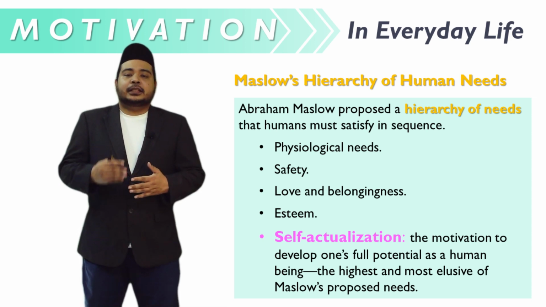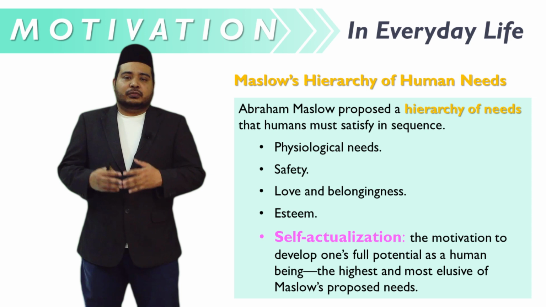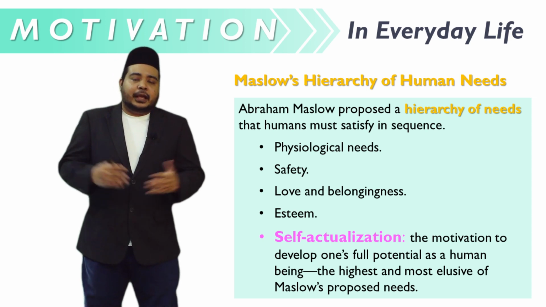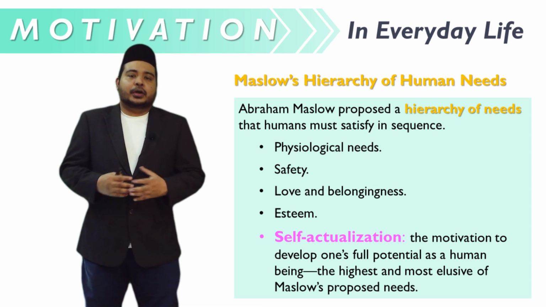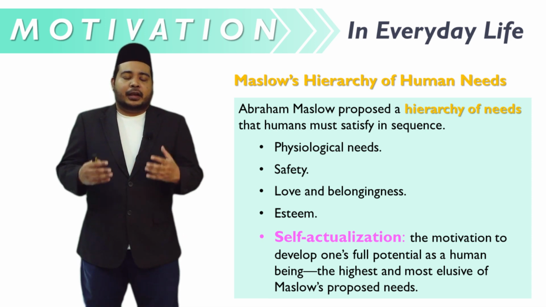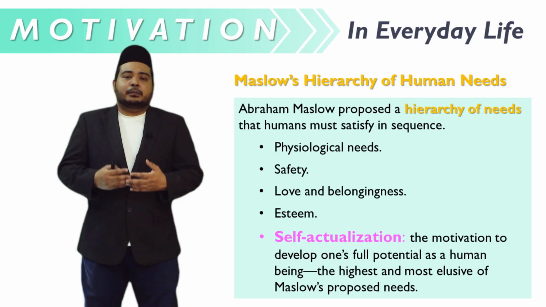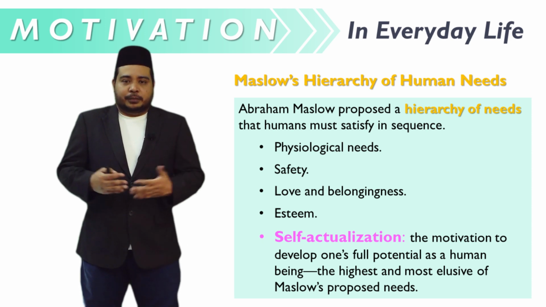So the third level of needs will drive us and serve as an important motivational factor. And after that, if we are able to secure the sense of belongingness by having warm and loving relationships, we will be able to establish our self-esteem.